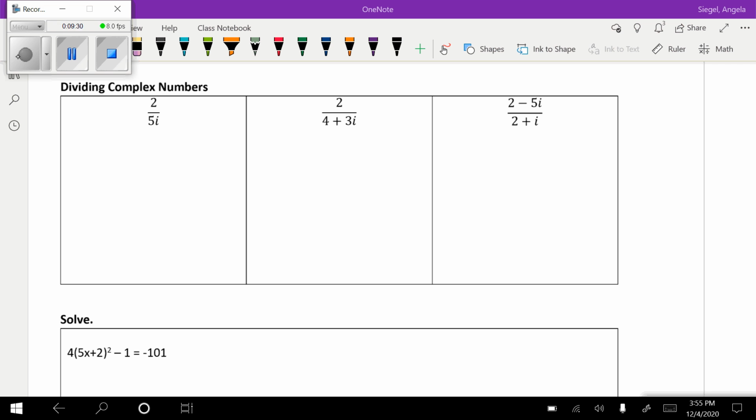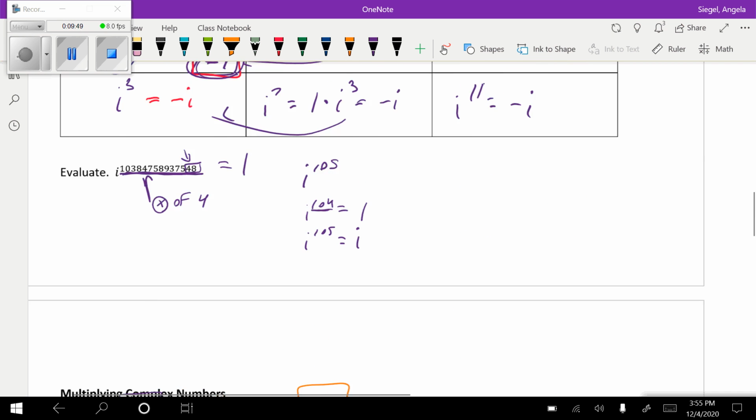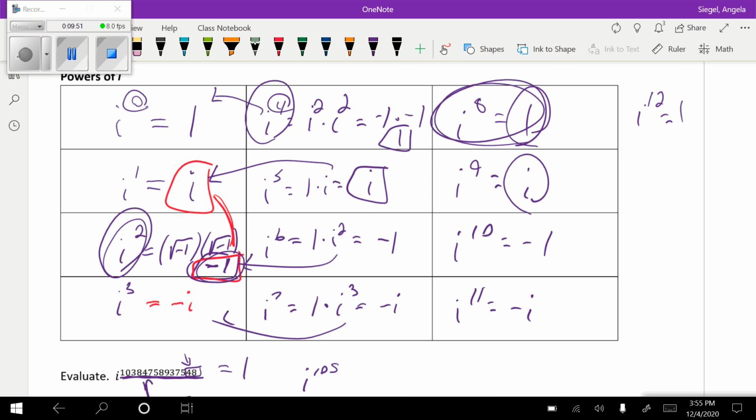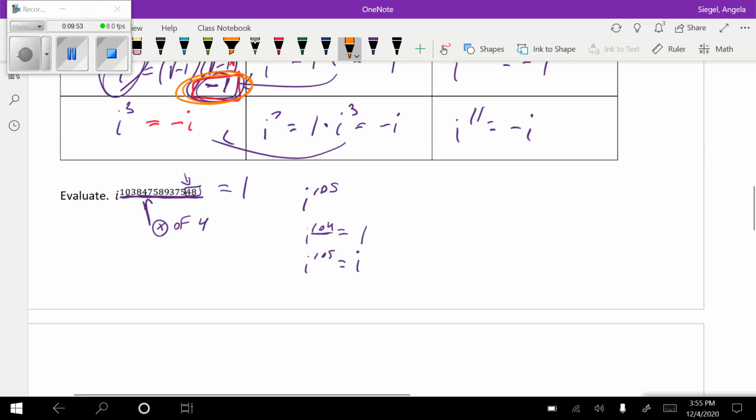So the thing about dividing is i's are square roots in disguise. So when I see an i, I'm going to have to rationalize the denominator because I can't have a square root in the denominator. So in this case, if I multiply them both times i, so i times i, let's go up here again, i times i is -1.